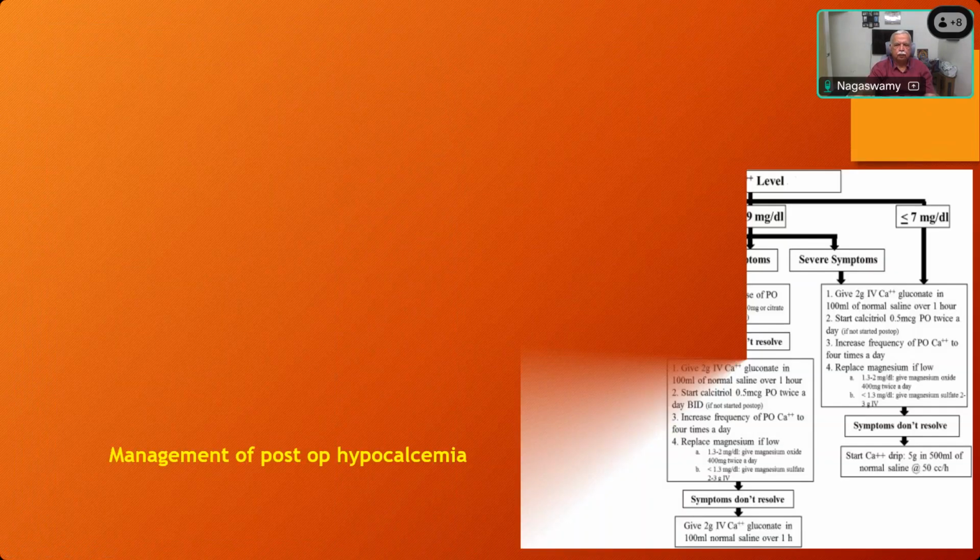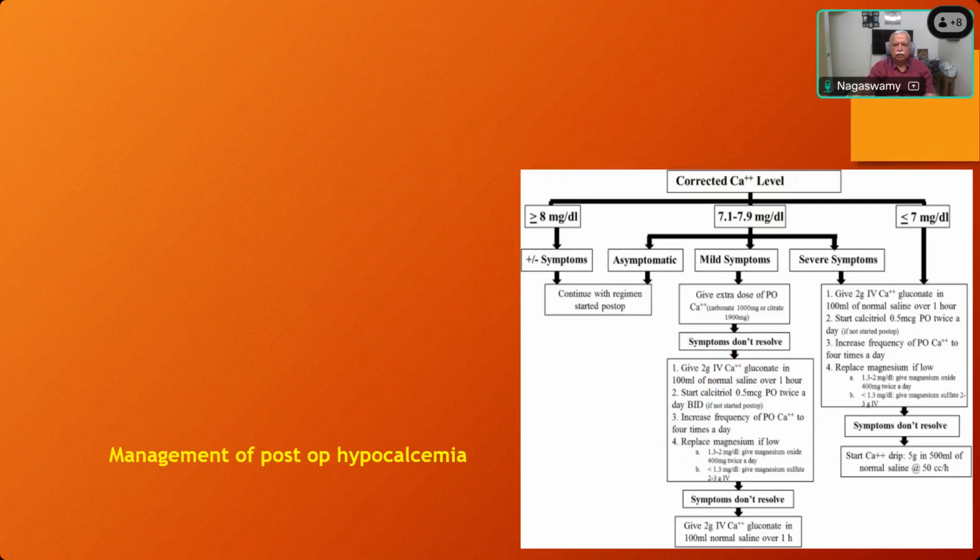Management of post-op hypocalcemia: you have to measure the calcium level. If it is more than 8 and the patient does not have any symptoms, just continue with the regimen and observe the patient. When the level is 7.1 to 7.9 with mild symptoms, give an extra dose of oral calcium.